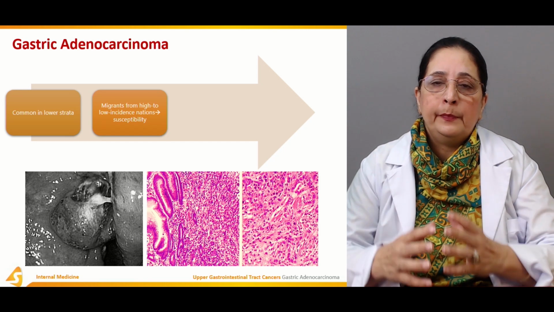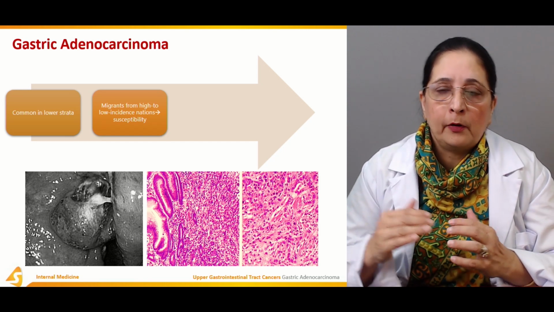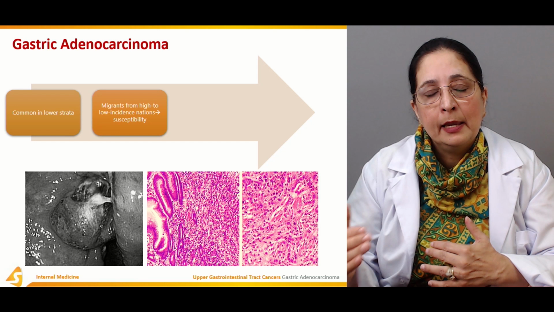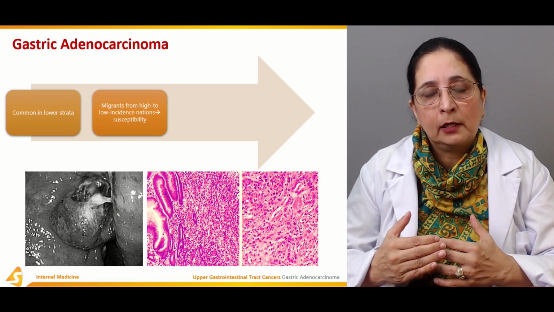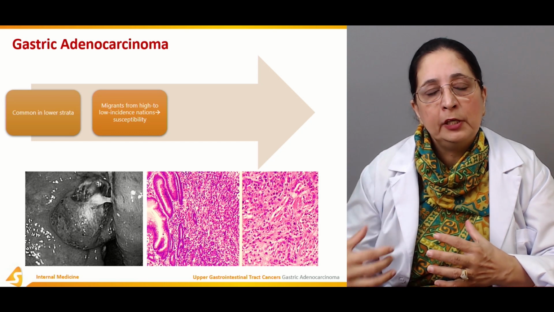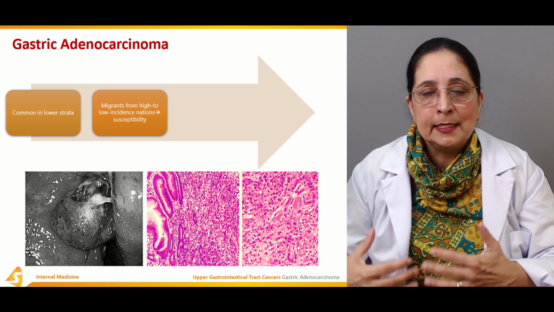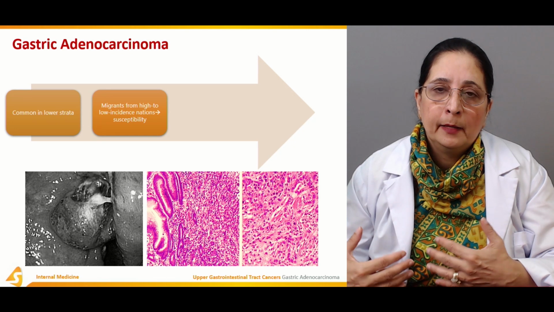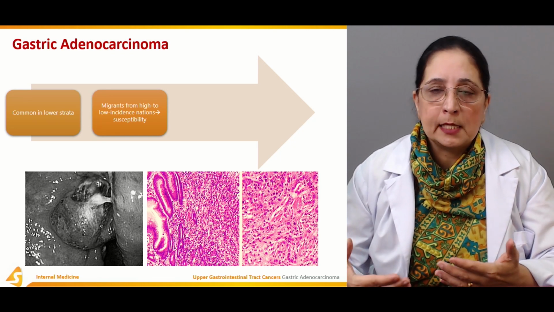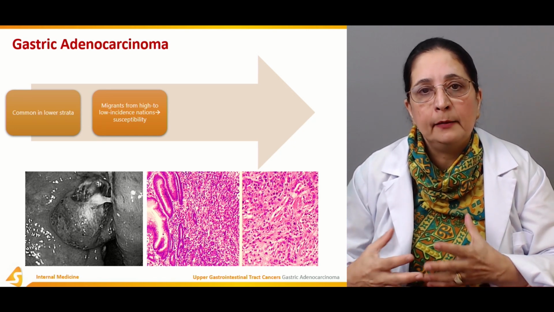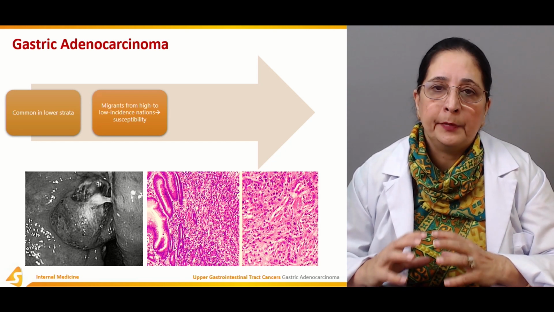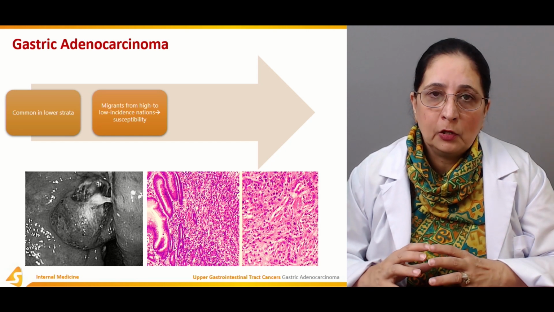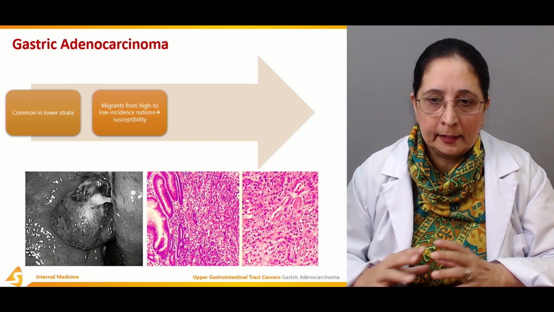So even people who move from the area of high incidence of gastric adenocarcinoma to the areas where the incidence is not as high, again, they have more susceptibility to develop the gastric adenocarcinoma as compared to the population of the low incidence area.